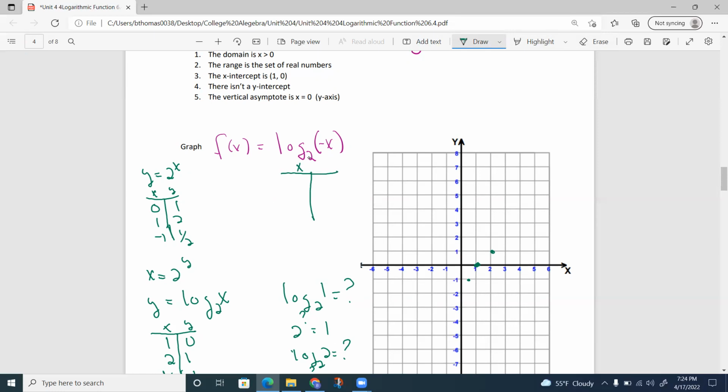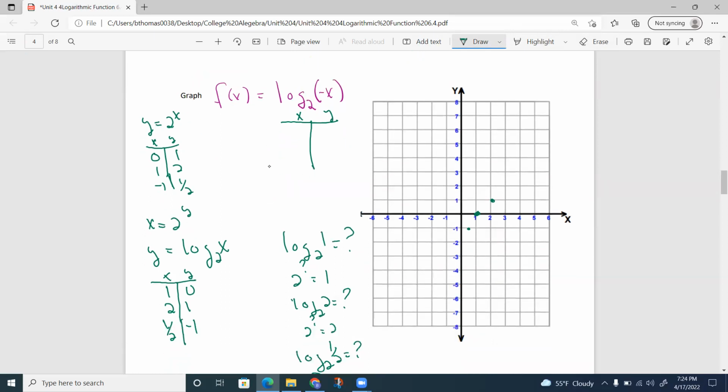If I want to make the table for the log of -x base 2, since the negative is on the inside, that means the x's should all change. So this (1, 0) becomes (-1, 0). This (2, 1) becomes (-2, 1). And this (1/2, -1) becomes (-1/2, -1).